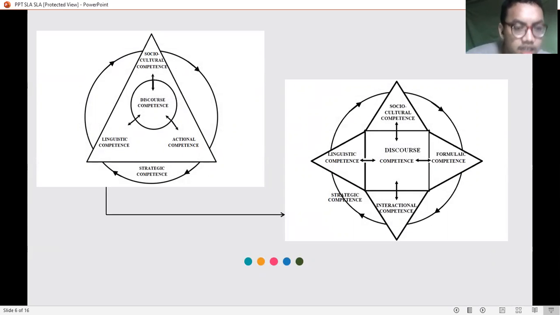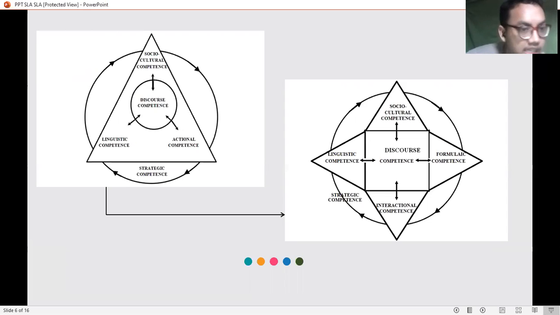Here, from the first picture, we can see that Celce-Murcia delivered the five competencies in communicative: discourse competence, actional competence, strategic competence, linguistic competence, and sociocultural competence. The arrows indicate the various components are constantly interacting with each other, and the discourse component is placed in a central position when it comes to lexicogrammatical resources.